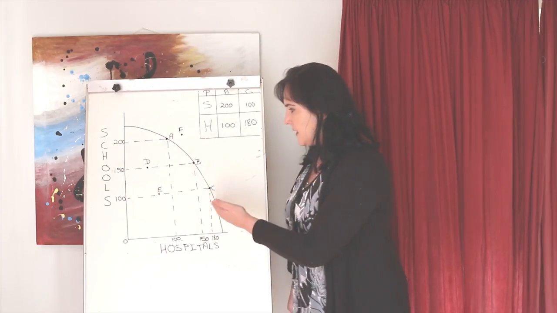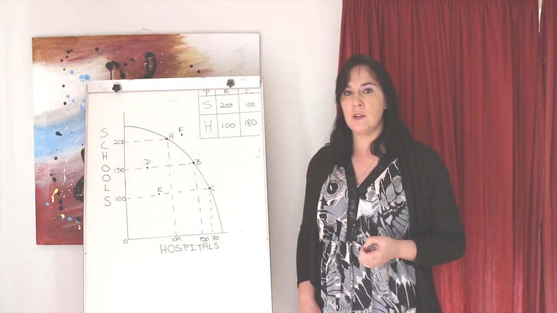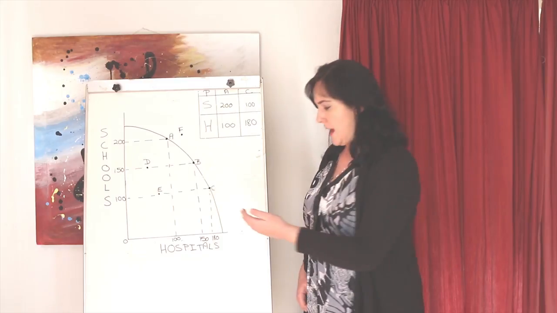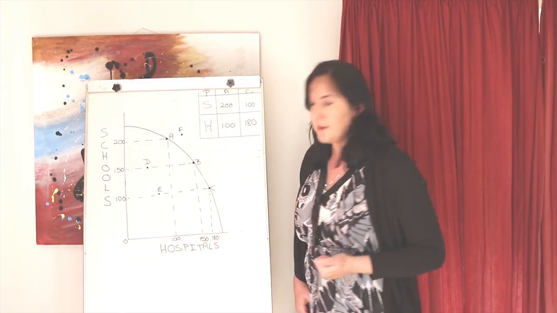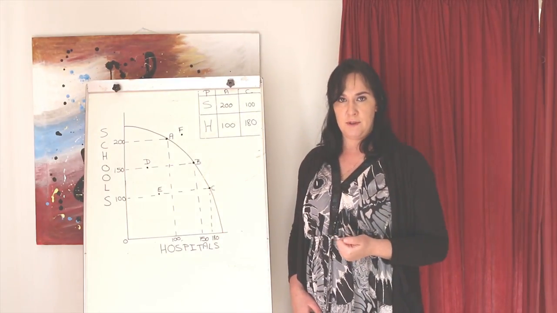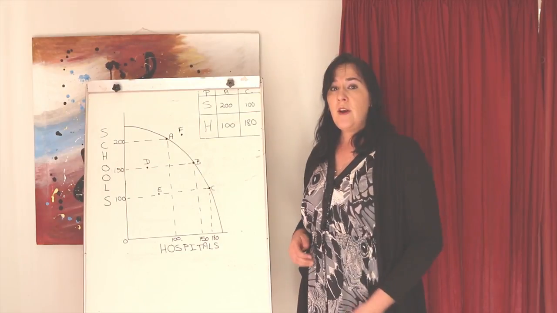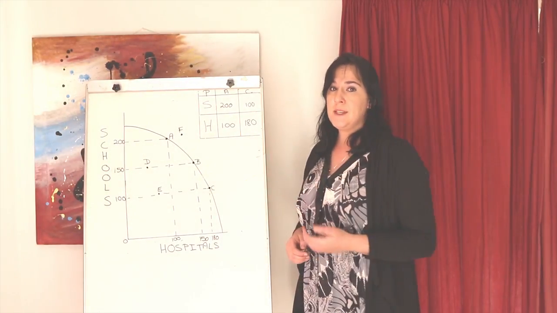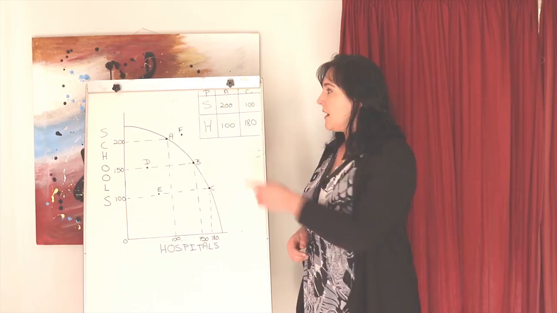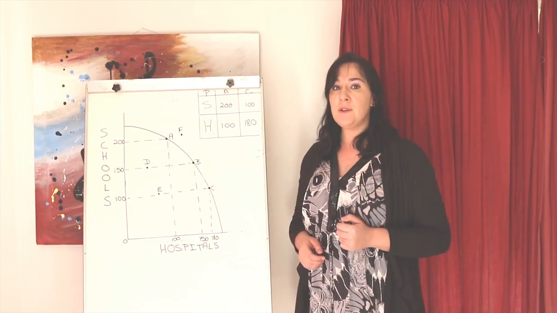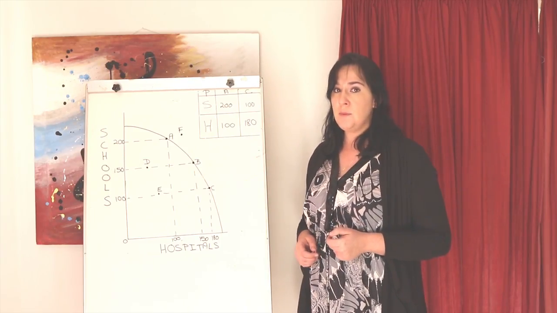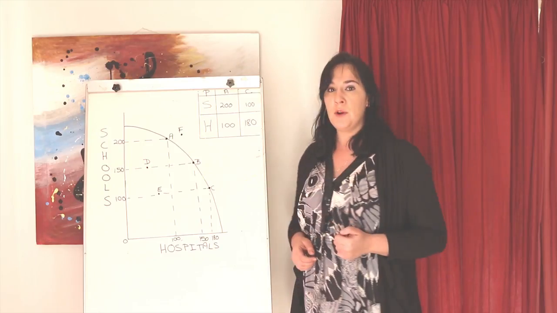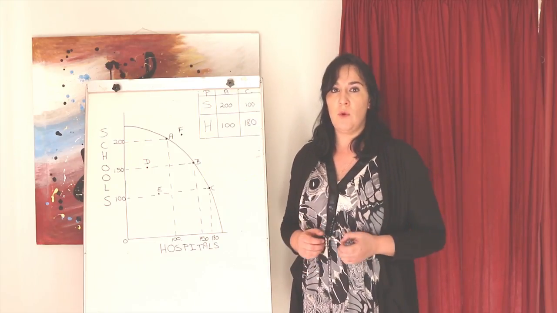At point C, I can produce 100 schools and I can produce 180 hospitals. If I move from point A to point C, I am sacrificing 100 schools in order to produce 80 more hospitals.